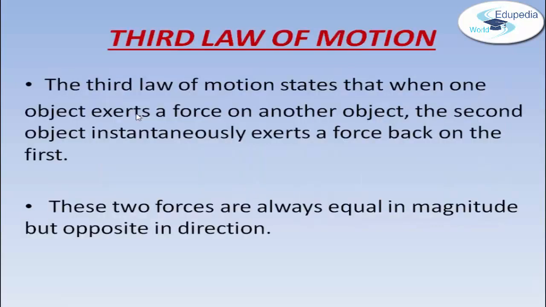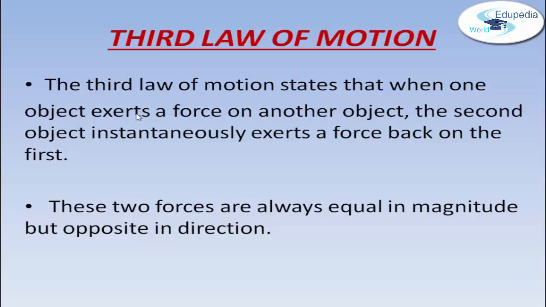Now, after discussing the second law of motion, we move on to the third law of motion. The third law of motion states that when one object exerts a force on the other object, the second object instantaneously exerts a force back on the first object. And these two forces are always equal in magnitude and opposite in direction.